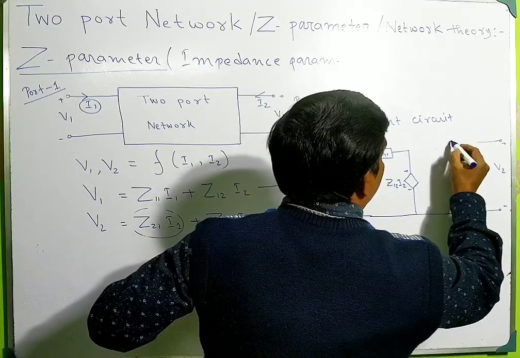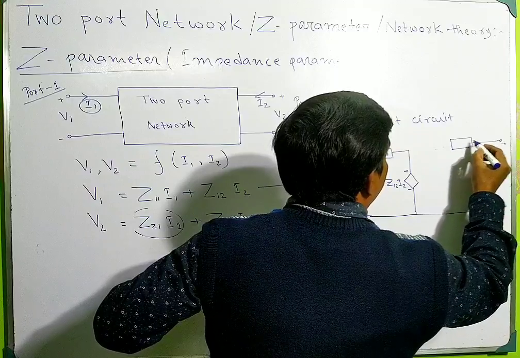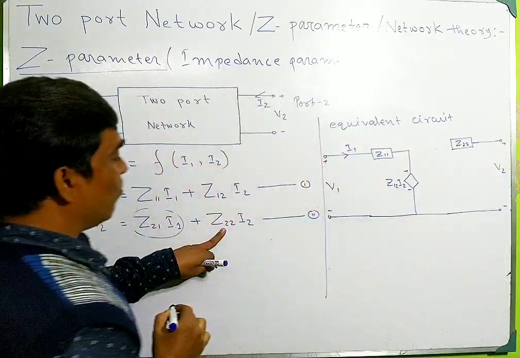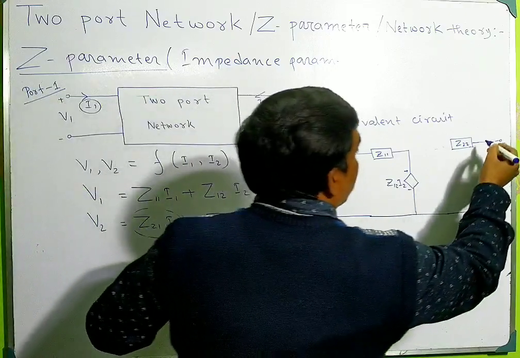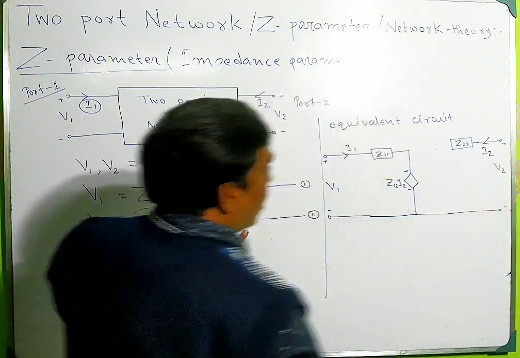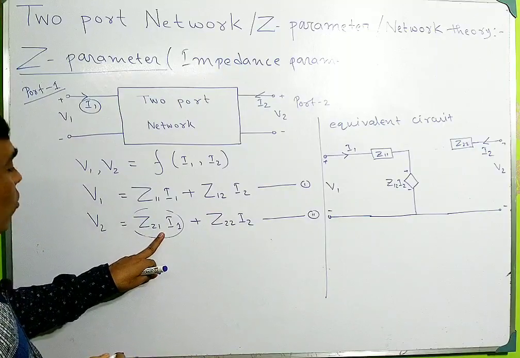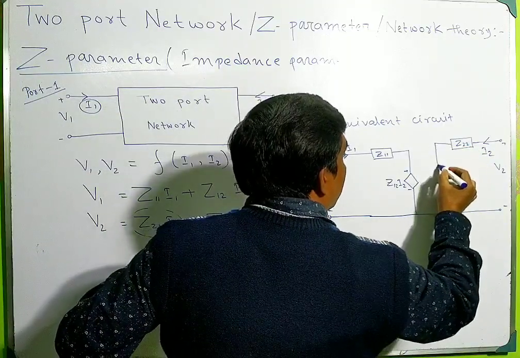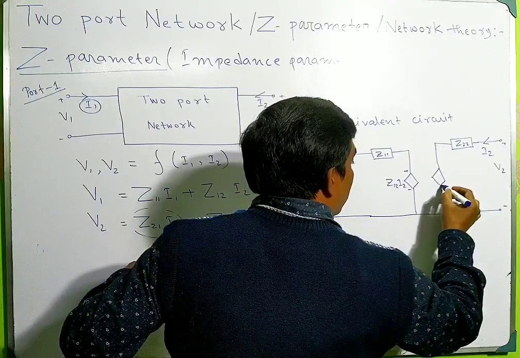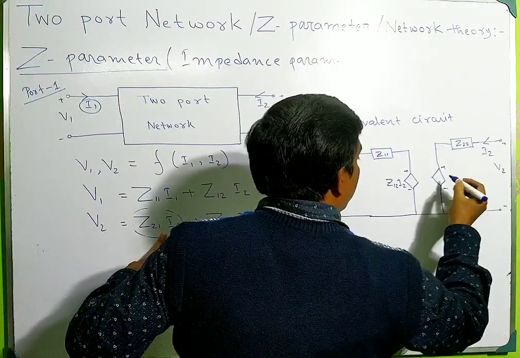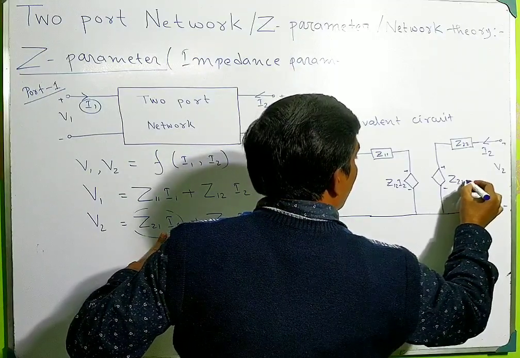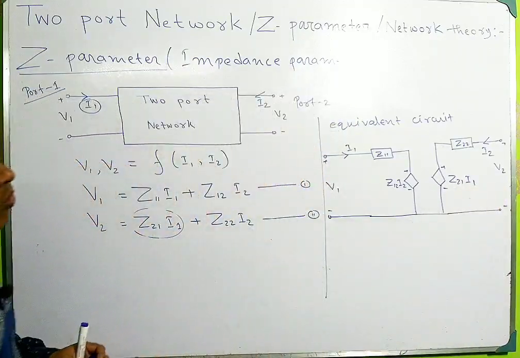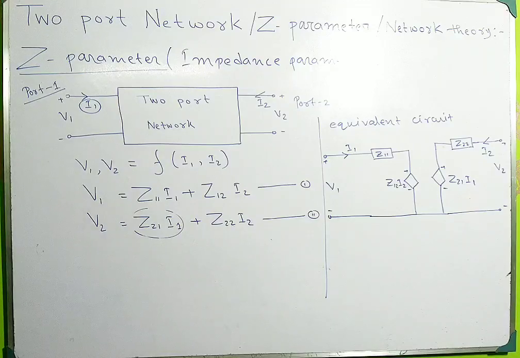This impedance must be Z22, the current entering is I2, and there must be a current controlled voltage source, plus and minus, which is Z21 I1. So this is the equivalent circuit of this two-port network for the Z parameters.